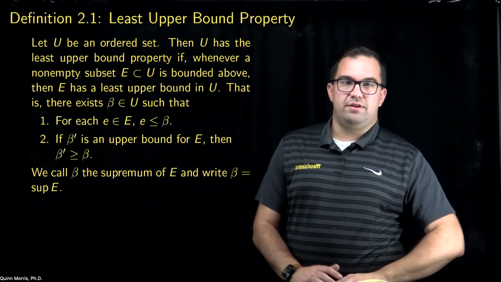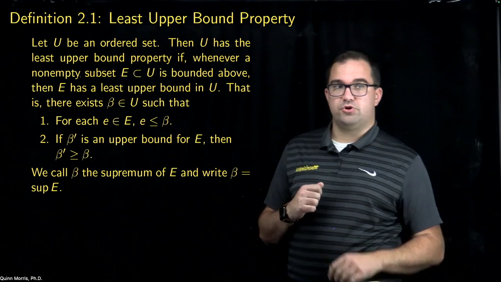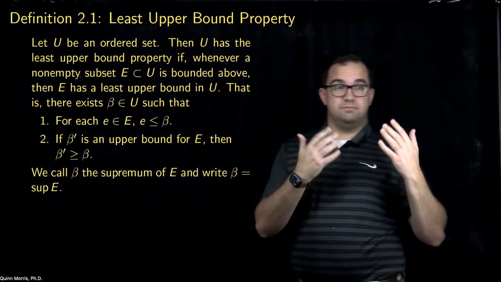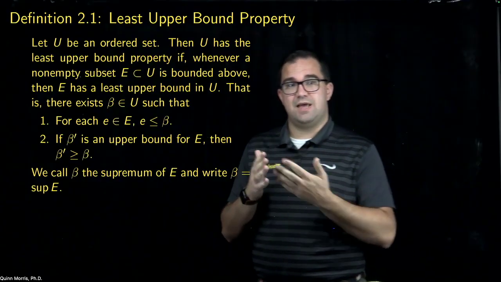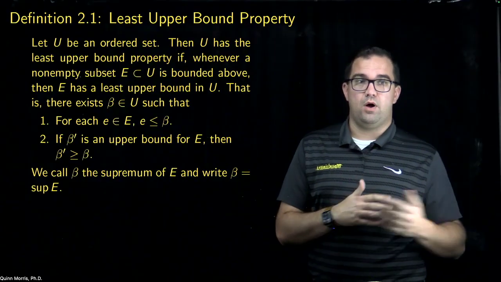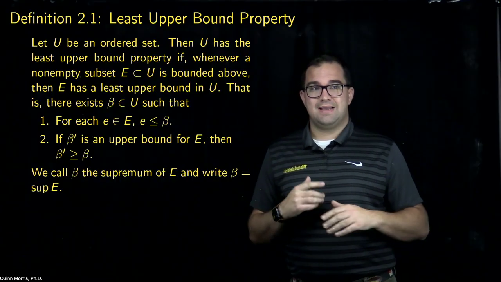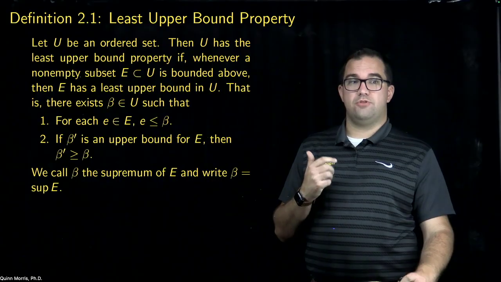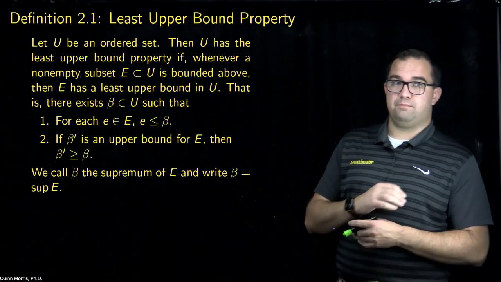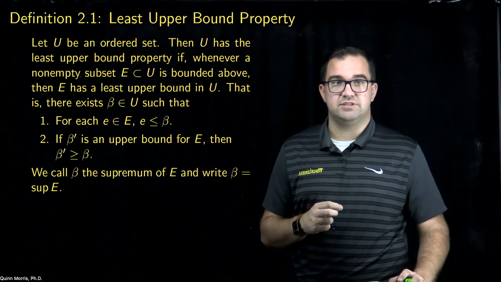Now, once we have an ordering, we can start talking about bounds, right? We can use inequalities now. Ordered sets essentially allow us to use inequalities. So I can define this property of a set, which is called the least upper bound property. Let U be an ordered set.